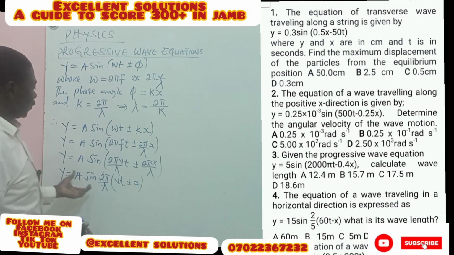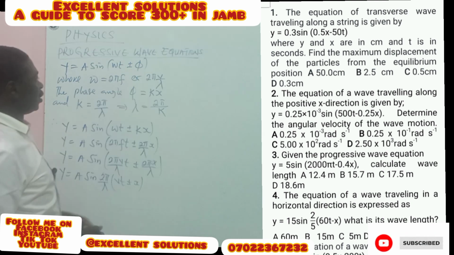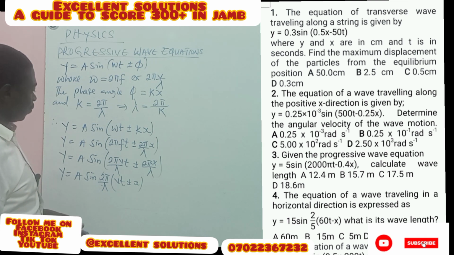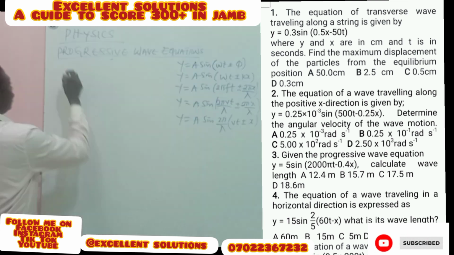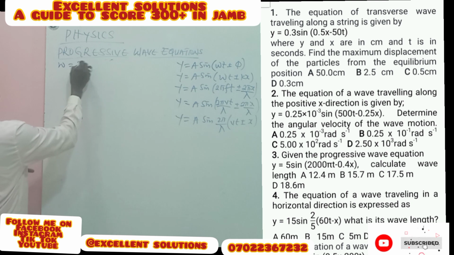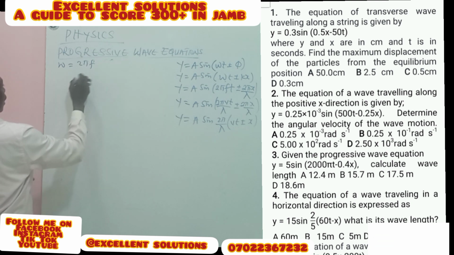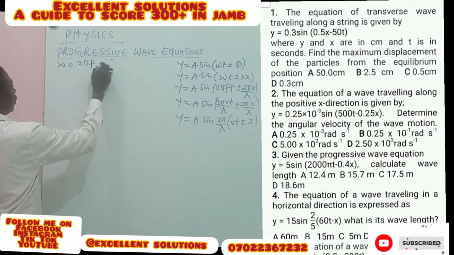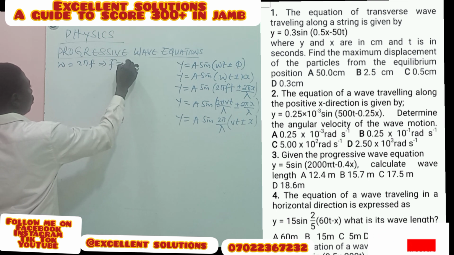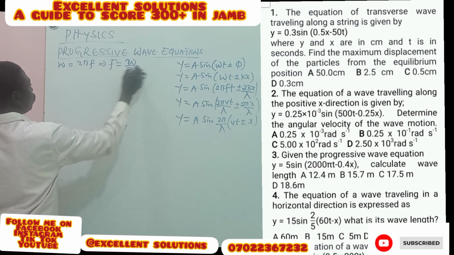So let me transfer these equations that we may be needing to solve our progressive wave equation. Since omega is equal to 2 pi f, we can now say our f is equal to omega upon 2 pi.